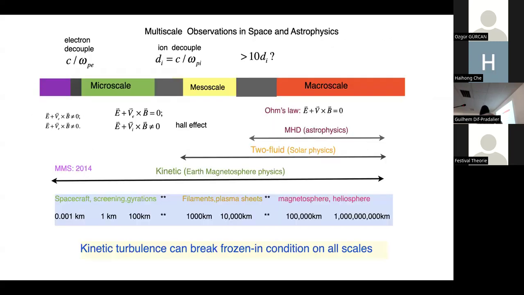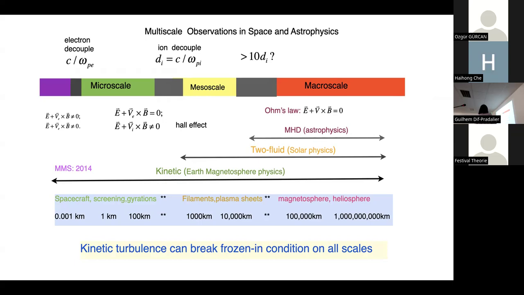You can compare this to the space scales. For MHD, you can treat the plasma as MHD in space, where the scale is usually how large, 1 million, 1 billion kilometers. For the ion, it's about 1,000 to 10,000 kilometers.